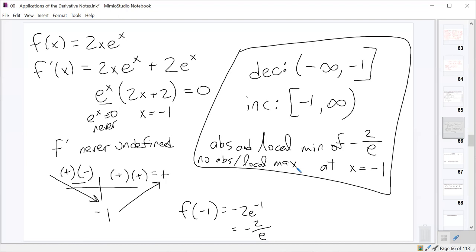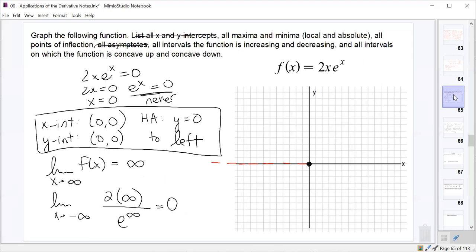We'll just kind of throw that point in there at -1. So we'll call this -1, and this is 1, and we'll say that point's going to be right around there. Yeah, I think that looks pretty good.